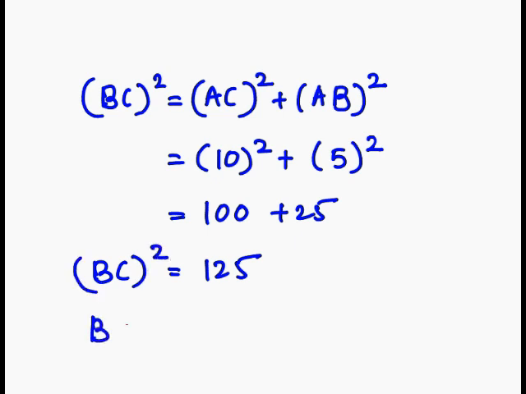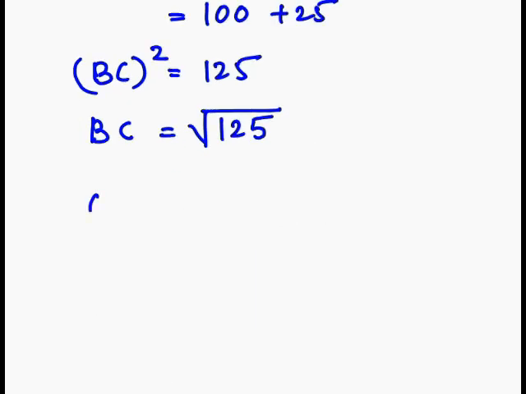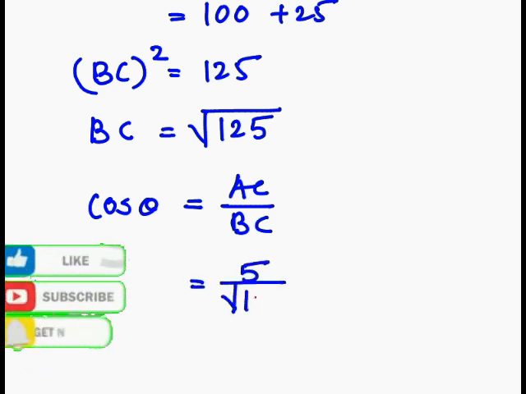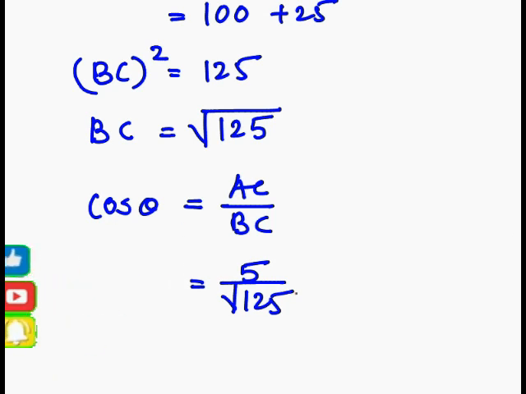So this implies the value of BC is equal to square root of 125. Now substituting this value into cos theta is equal to AC upon BC, where the value of AC is 10 and the value of BC is square root of 125.